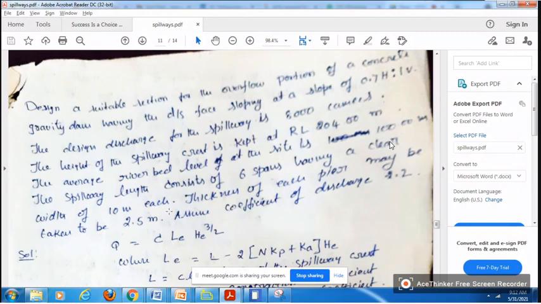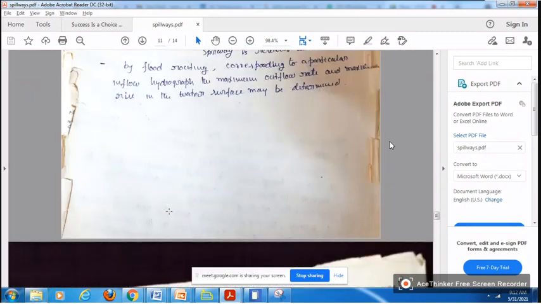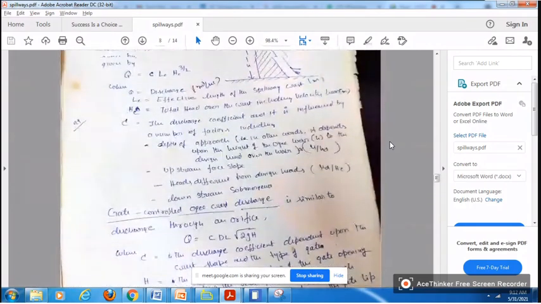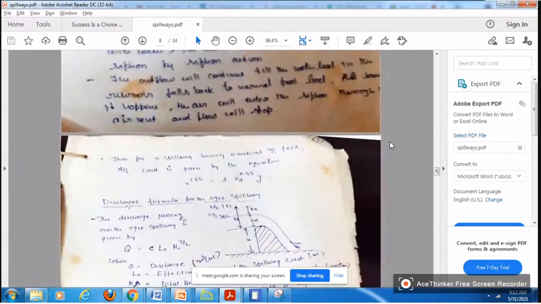So x to the power of n is equal to k into Hd to the power of n minus 1 into y. So we should know what the Hd is. Hd is the head of discharge over the spillway. If you know this value, then we can calculate the x and y values.